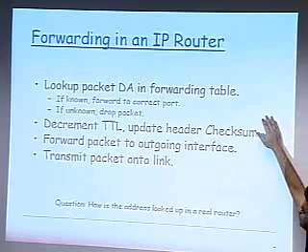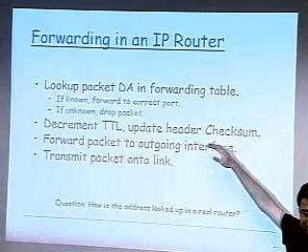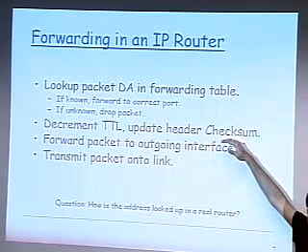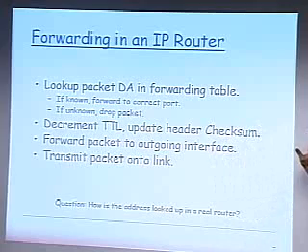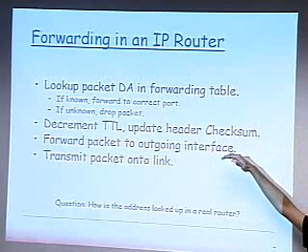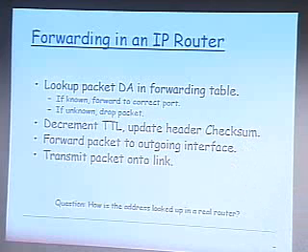If it's known, then the router decrements the TTL. That's also part of the processing of the router. So not only does it have to forward, it also has to process the header. It decrements the TTL, and once the TTL is decremented, you have to update the header checksum, because the bits are changing. Then after the processing is done at the input port, it's forwarded along to the appropriate outgoing interface.